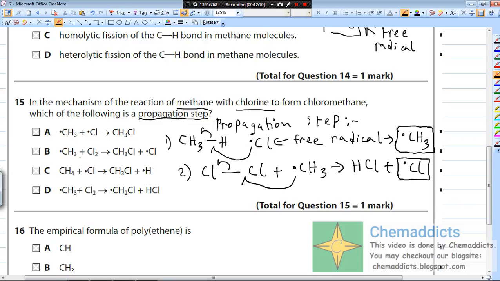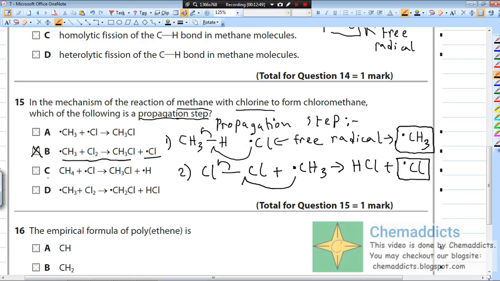Sorry, fellas, I was wrong, let me repeat this again. In this option, the bond in the chlorine molecule breaks homolytically and forms a chlorine free radical, which then attacks the CH4 molecule. So this should be the answer.